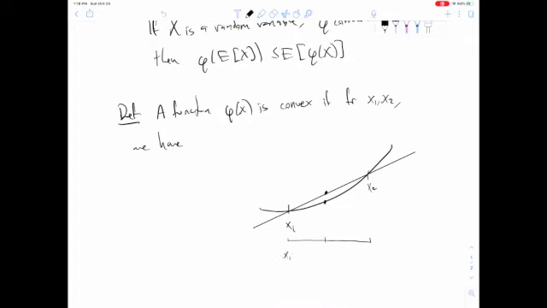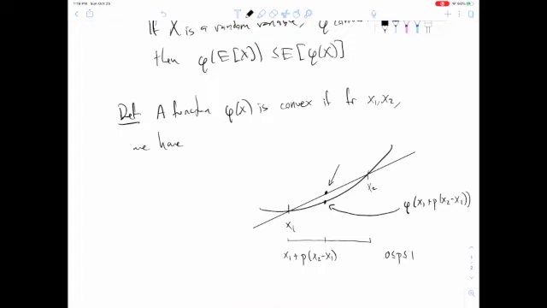Well, I'm starting at x1 and I'm going p times the difference of the two values, x2 minus x1, where p is somewhere between 0 and 1. So I'm looking at a fraction p between them. So this value right here is phi of x1 plus p times x2 minus x1.